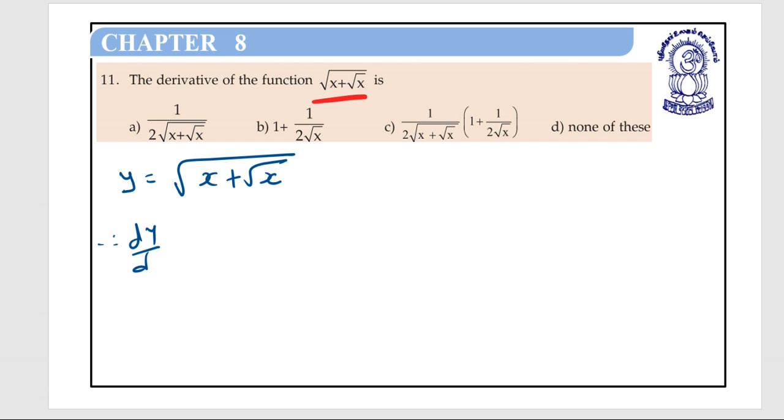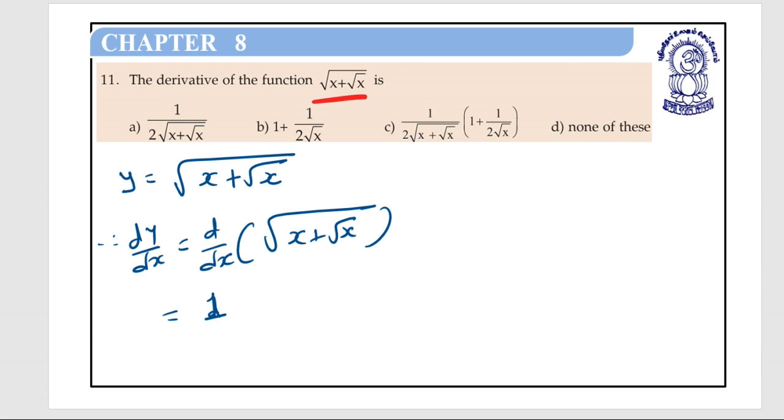So dy by dx is equal to d by dx of under root of x plus root x. This is not the standard formula.